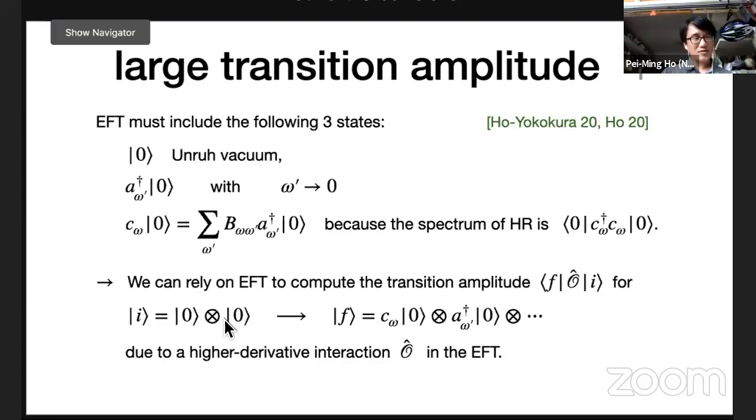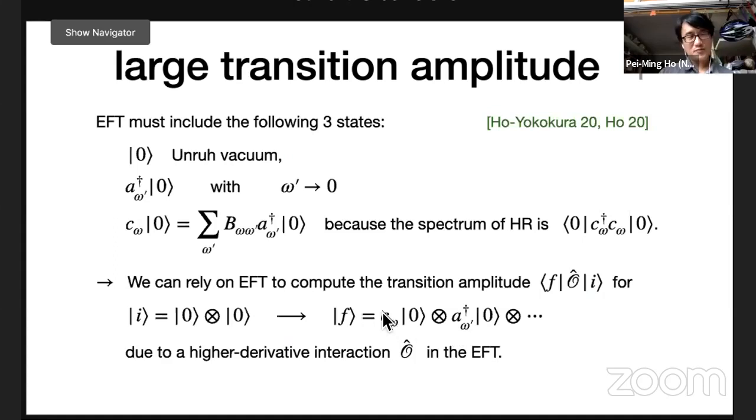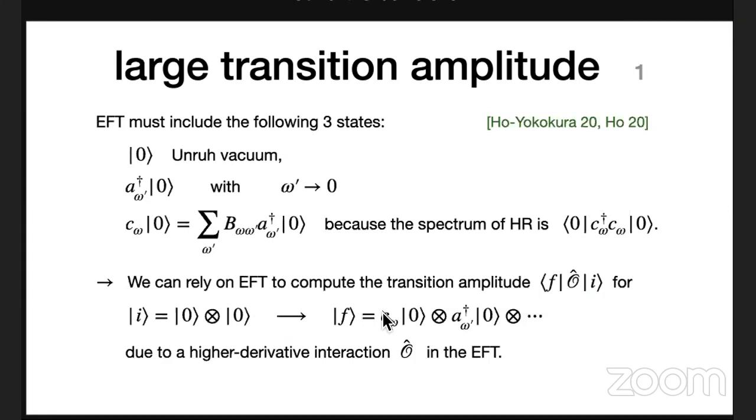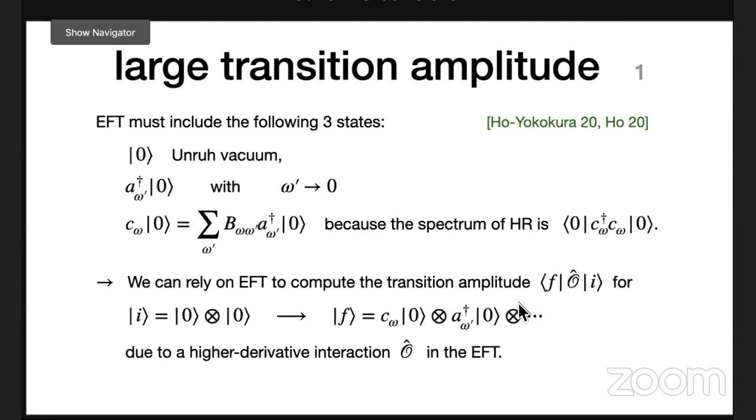Right. I'm considering the transition from the en-route vacuum to an excited state, which a priori has nothing to do with Hawking radiation. I'm just considering the transition from the en-route vacuum, no particle state, to some state with many particles.